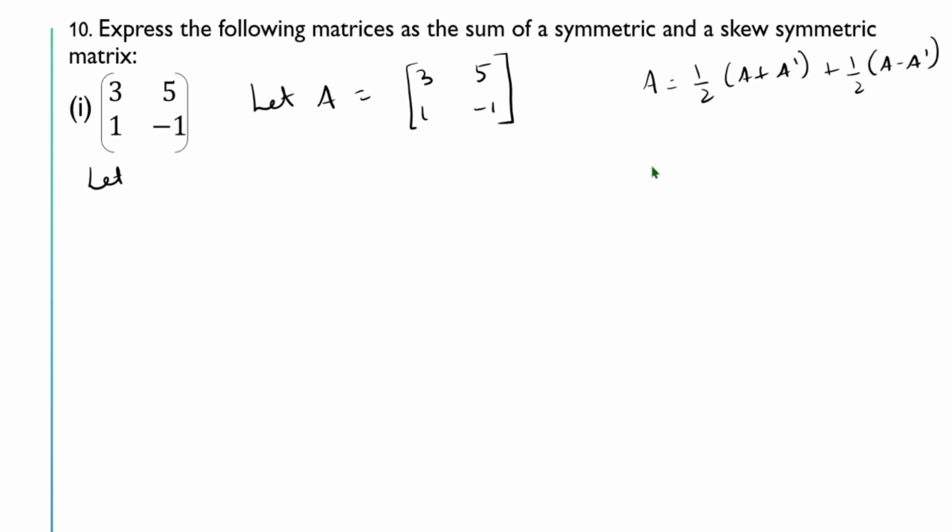So this will be a symmetric matrix and this is a skew symmetric matrix. So we have to write A as the sum of these two matrices. Let P be equal to half of (A plus A transpose).